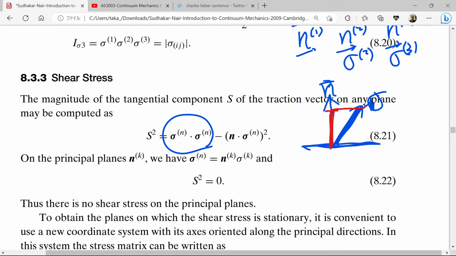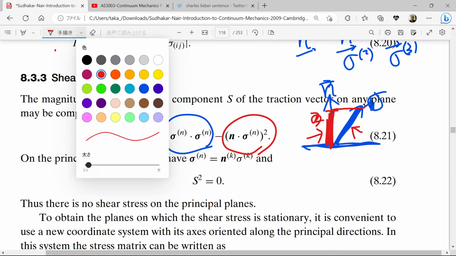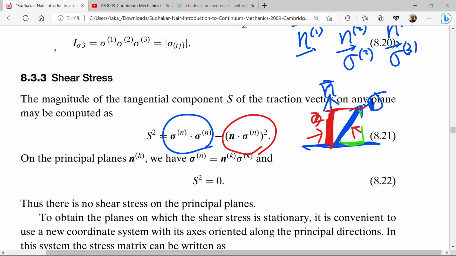This square is this length square, right? The first one is this length square, and the second one is this length square. So what we obtain is this length square. This is called S square.